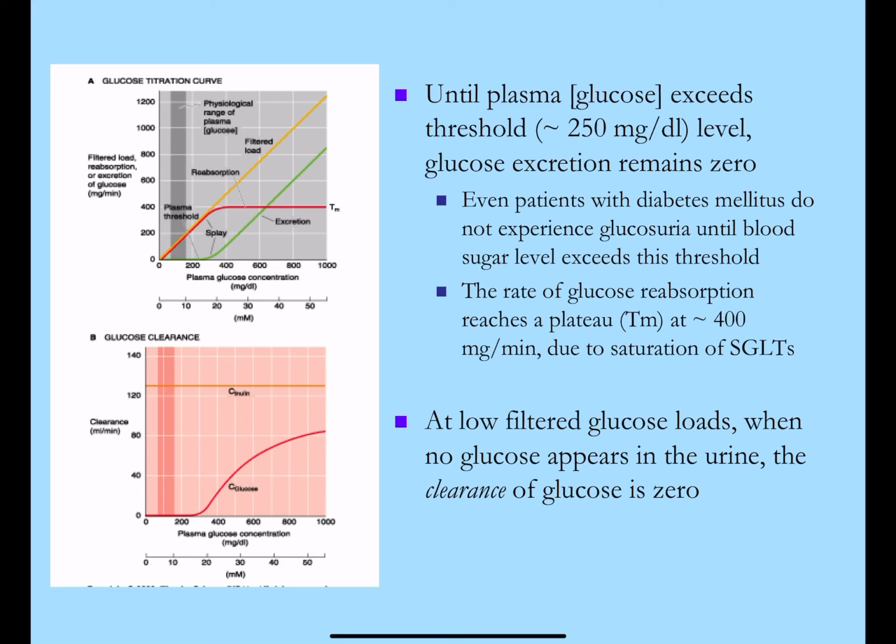And there's this TM number. For this one, please be careful again. These things are really good board questions to make sure you are careful reading questions, right? Because the 250 or 180 milligram per deciliter is looking at blood. Versus this, which says the plateau, the TM number, as we see here, is 400, but it's not the blood concentration, it's milligram per minute.